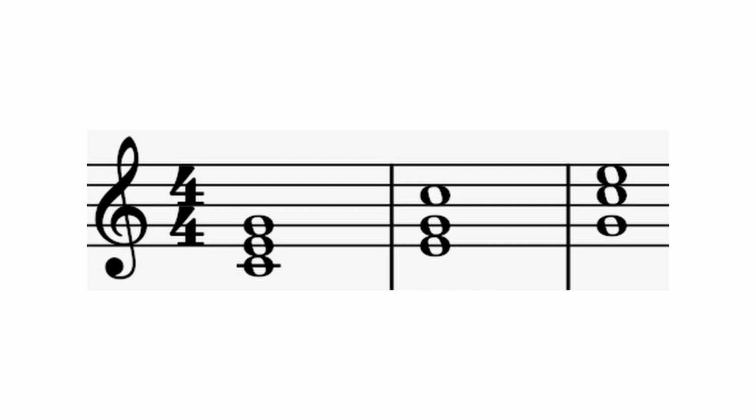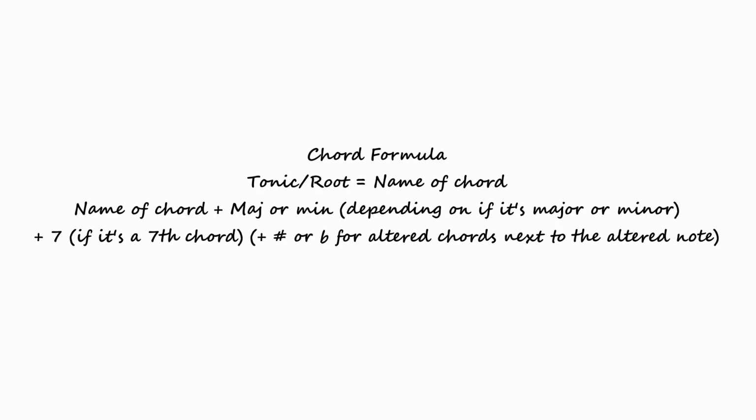That would be a C major triad. However, if you played the first inversion version, it would sound different. Or if you tried the second inversion, it wouldn't sound right. But once you know what your root is, that's your tonic.